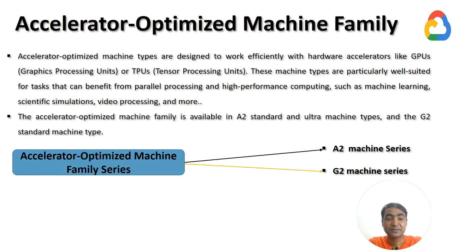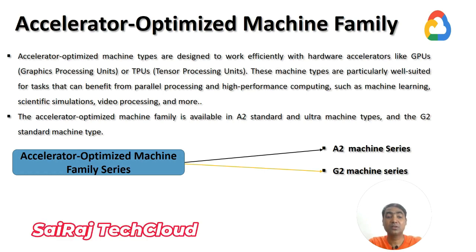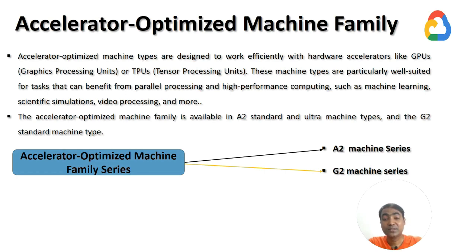Accelerator-optimized machine types are designed to work efficiently with hardware accelerators like GPUs, graphics processing units, or TPUs, tensor processing units. As you know, guys, these machine types are particularly well suited for tasks that can benefit from parallel processing and high performance computing, such as machine learning, scientific simulation, video processing, and more.